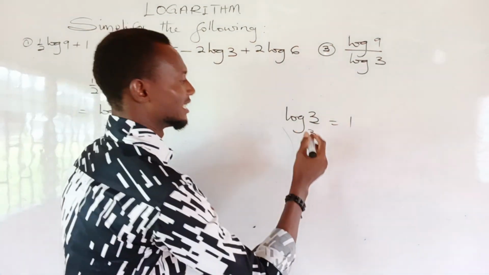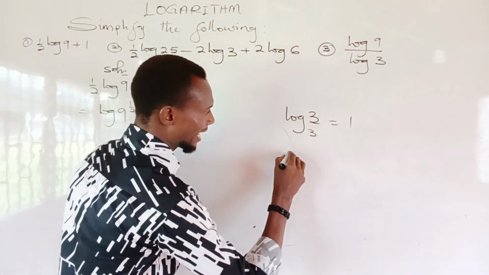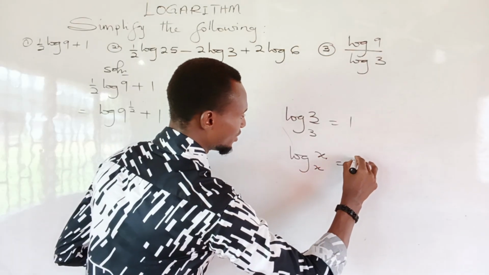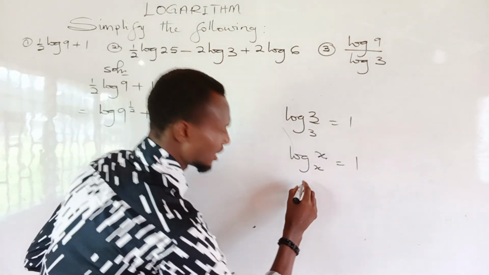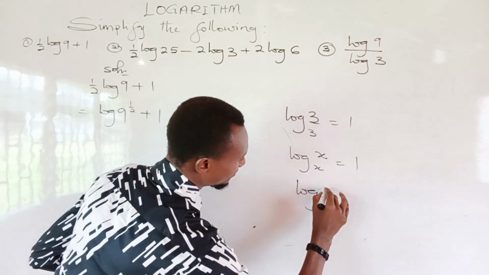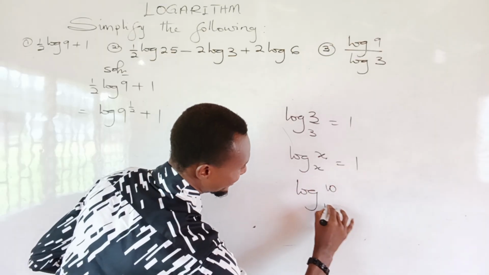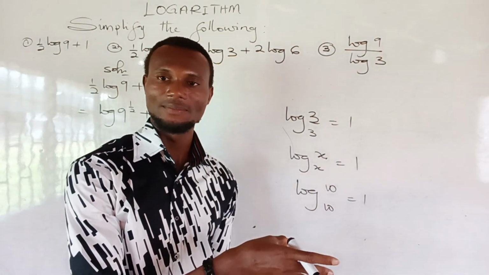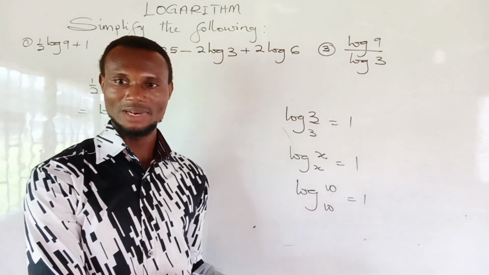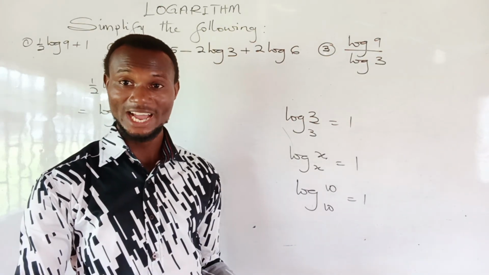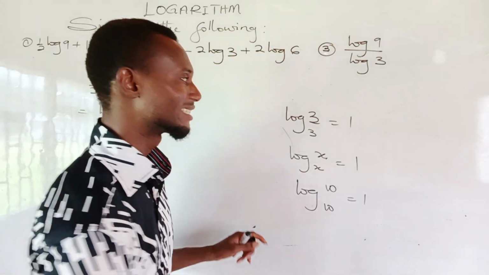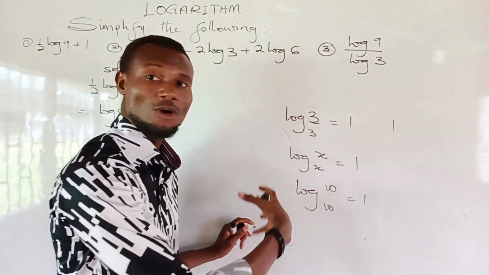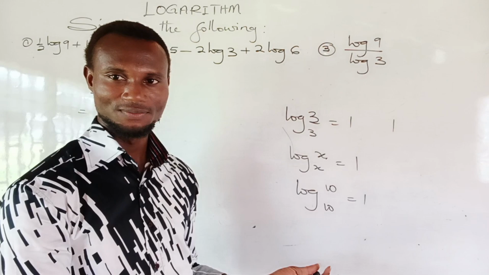Now, if I have log s to the base s, it should be equal to 1. If I have log 10 to the base 10, it should be equal to what? 1. The log of any number to the base of that same number is always equal to 1. Are you okay there? So it means that if I have 1, I can write it in a form that will contain log.